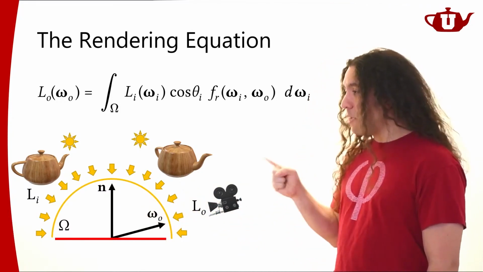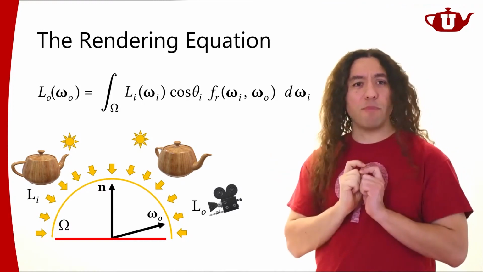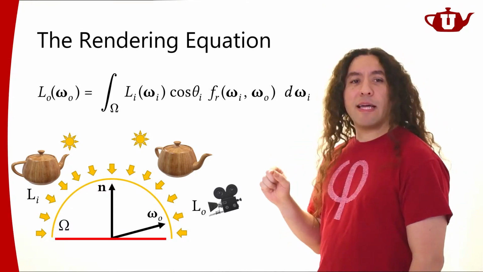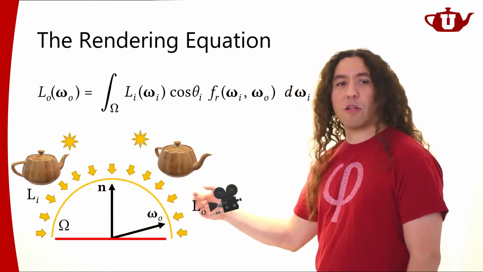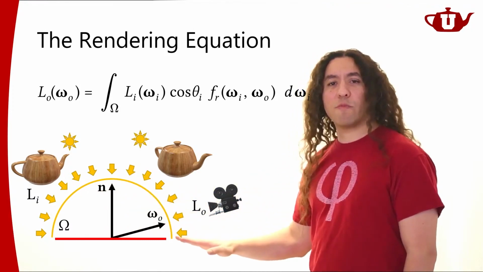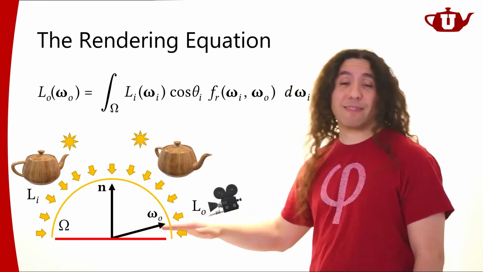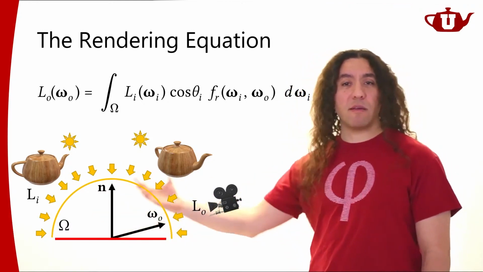But what we're specifically interested in right now is a very, very small component of that. What we're specifically interested in is light coming from this perfect reflection direction. We're going to assume that this surface is like a perfect mirror.